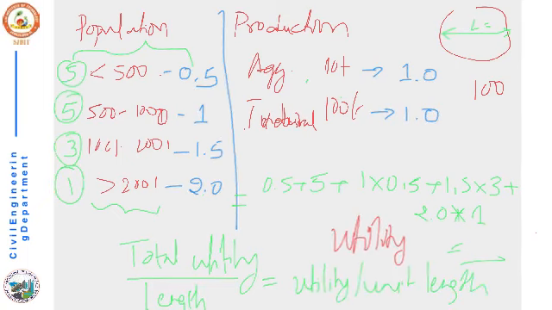Similarly, the utility per unit length will be calculated for all the road networks under consideration, and the network which yields maximum utility per unit length has to be taken first for priority.